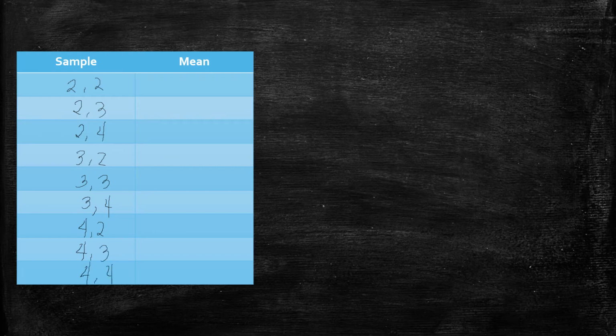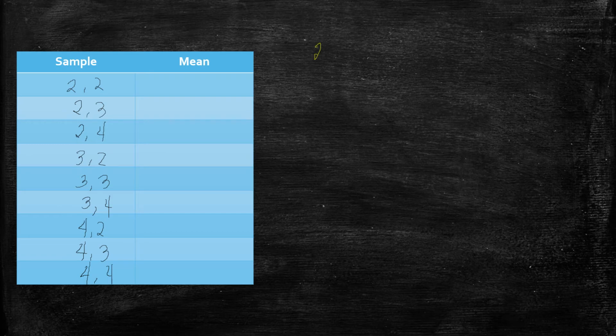So I arranged these samples. Next we're going to get the mean. To get the mean, you just add the sample values divided by the sample size. The sample size is 2. It is very easy.